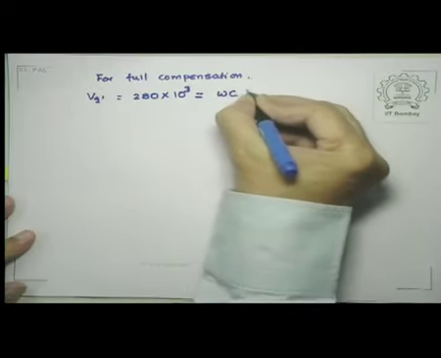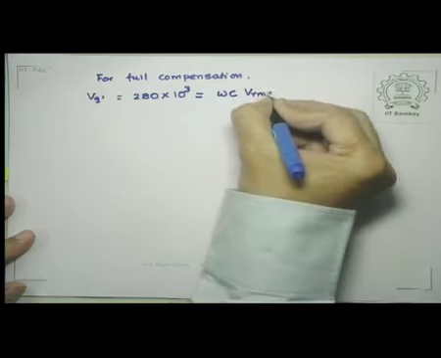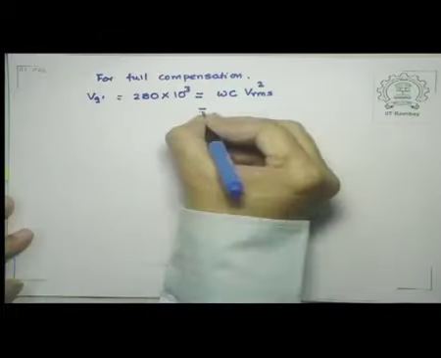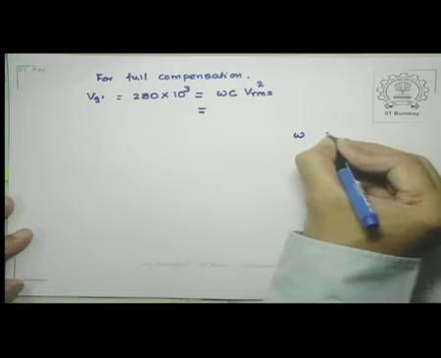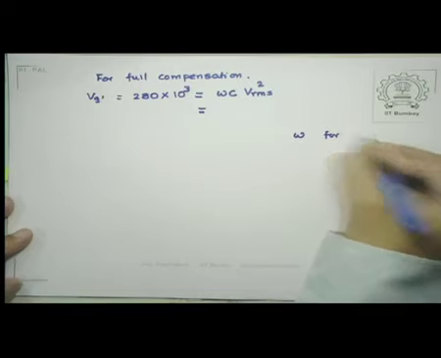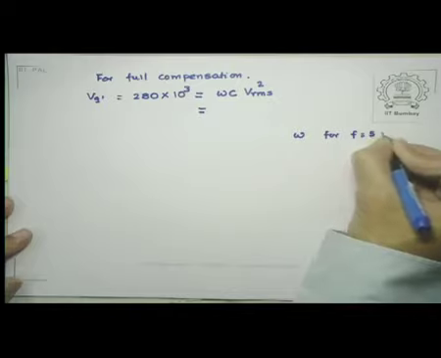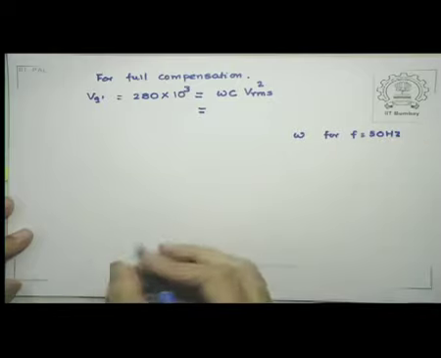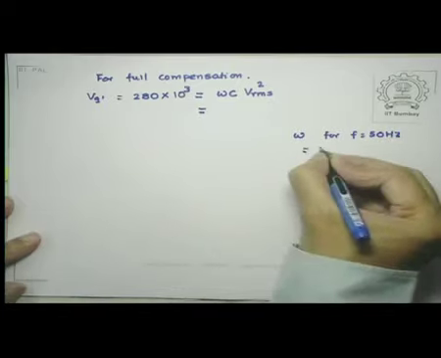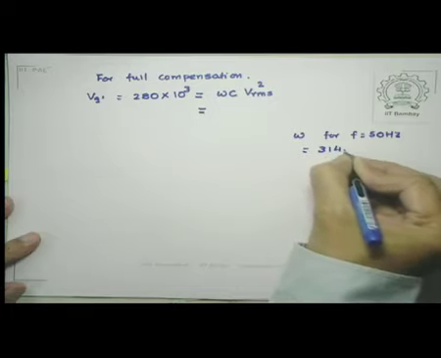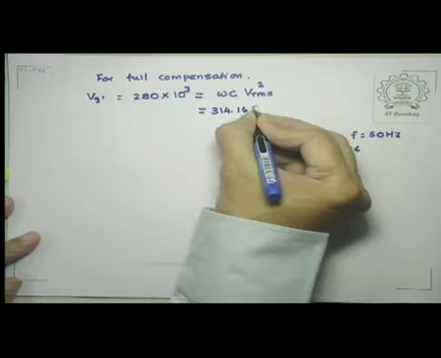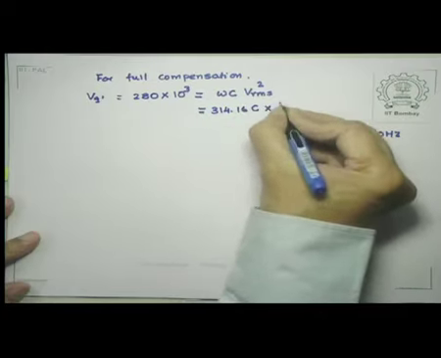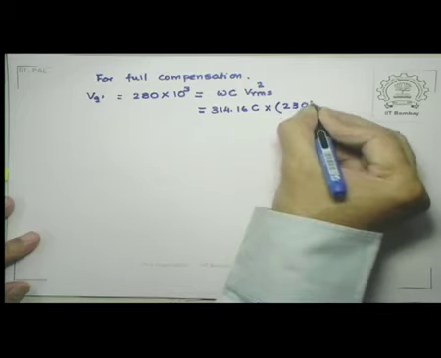omega C times V RMS squared. Omega corresponding to 50 hertz is equal to 314.16. So this is 314.16 C, and V RMS squared is 230 squared.